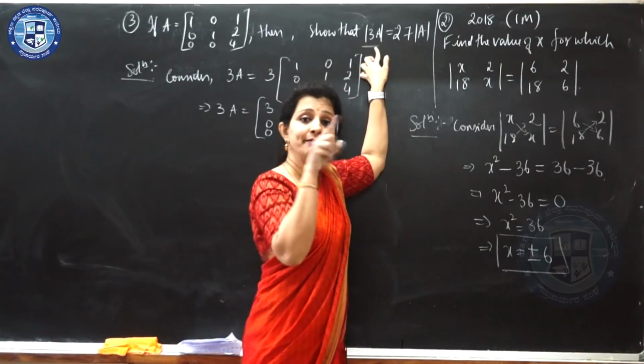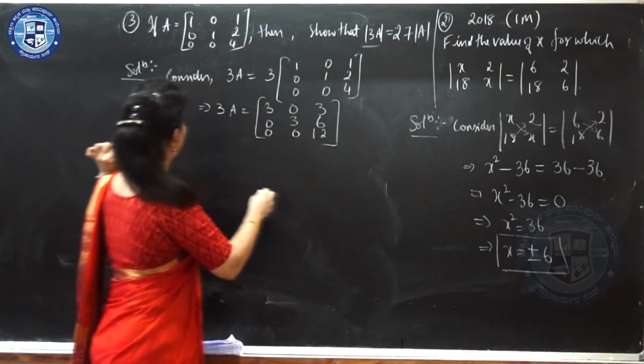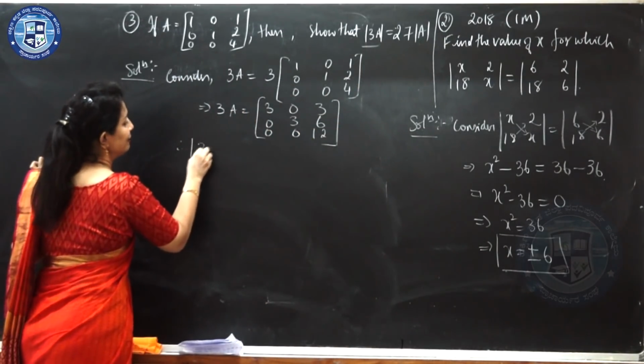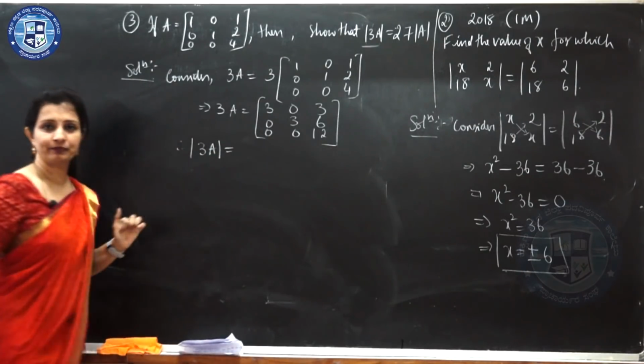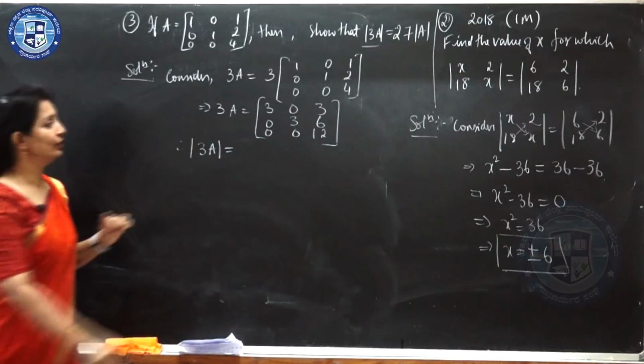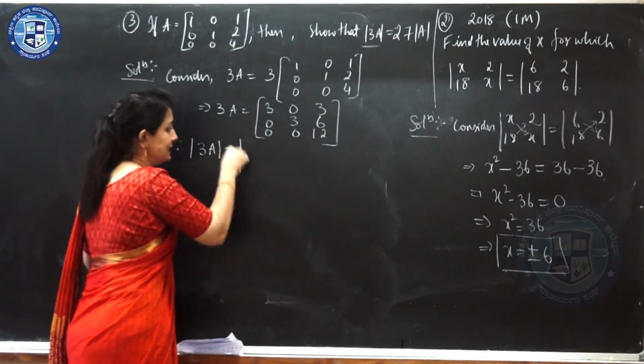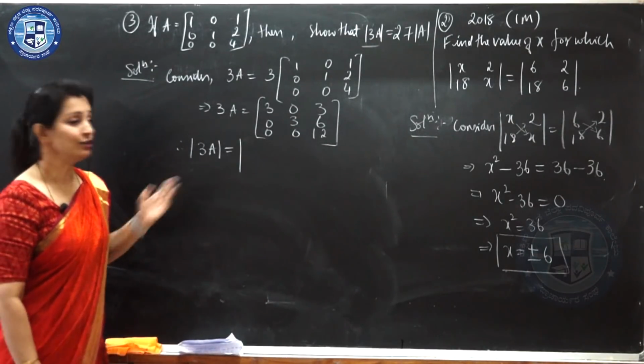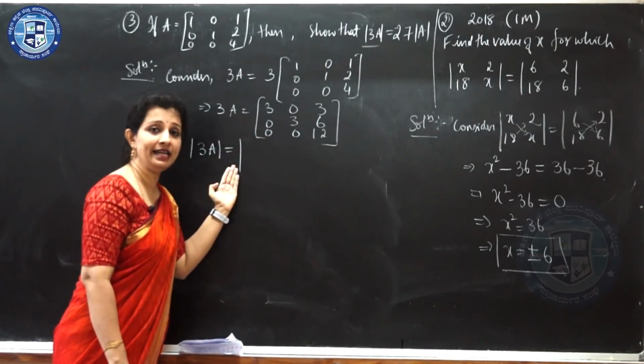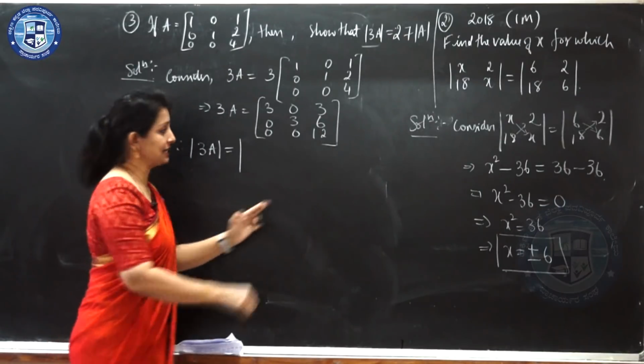Now what is LHS? LHS is determinant of 3A. So therefore determinant of 3A is equal to, this is matrix 3A, so write it in the form of determinant first. How to change it? Writing them between the vertical bars.